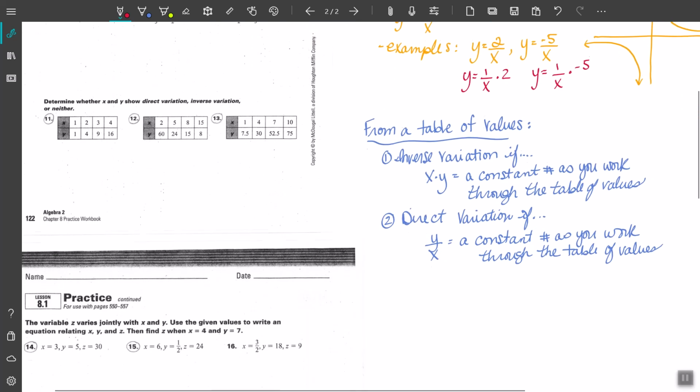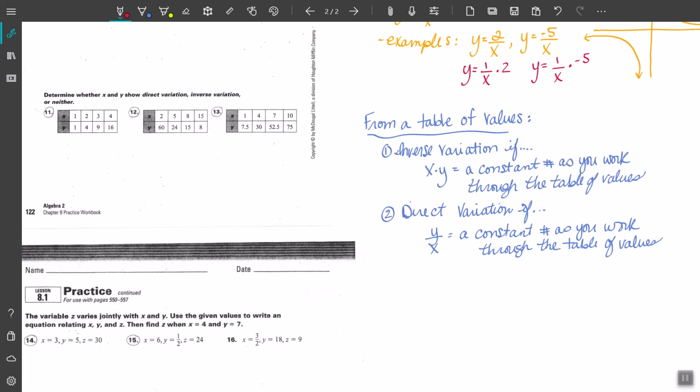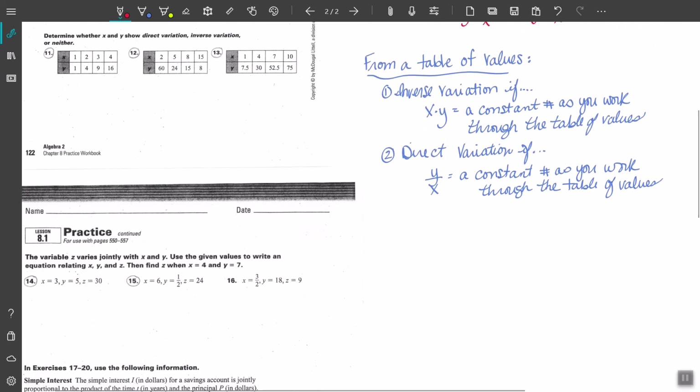Now, moving down to the bottom of the worksheet, we can also find whether we have direct variation, inverse variation, or neither from a table of values.